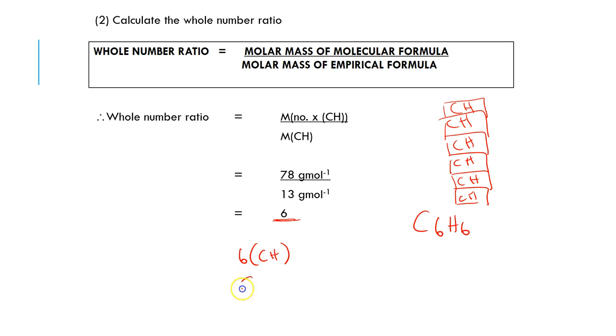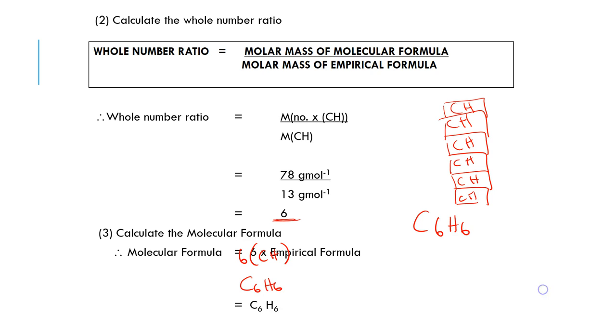And then when I write that out as a formula, I expand my brackets, and I get that. And that is, in fact, the molecular formula of benzene, which hopefully you remembered, C6H6. So we're just finding out the ratio, how many of these individual units in our empirical formula, the lowest ratio, go into forming our overall molecule.